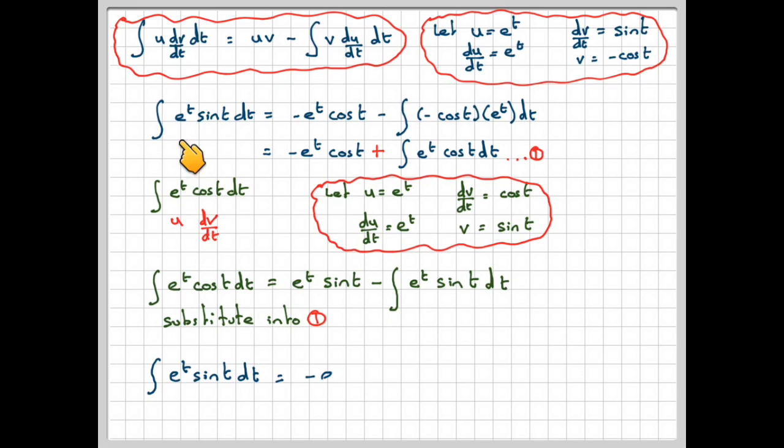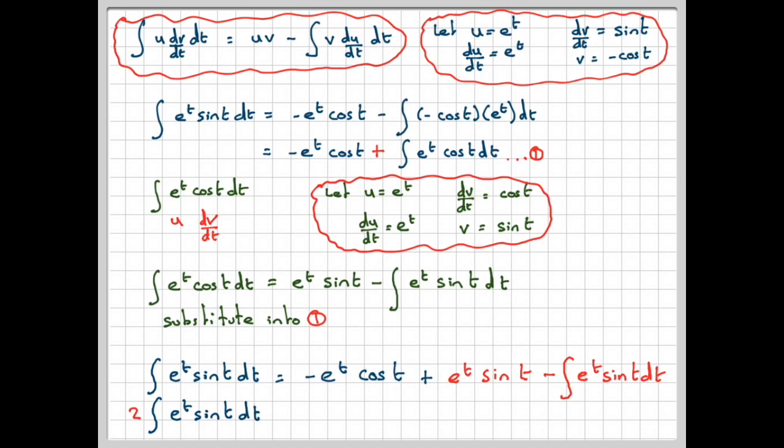So we've got the integral of e^t sin t will be minus e^t cos t plus e^t sin t minus the integral of e^t sin t dt. So what we've done, we've substituted that in here instead of that.